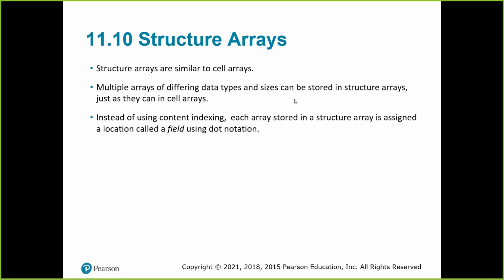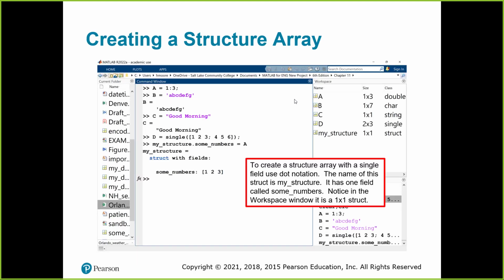So here are the structure arrays. They're similar to the others, but just a little bit different, because you have this dot. So my structure dot some numbers is equal to A. This is one field called some numbers.